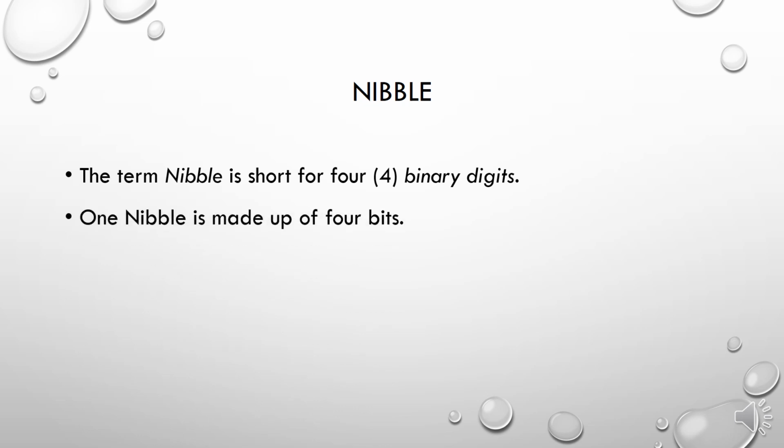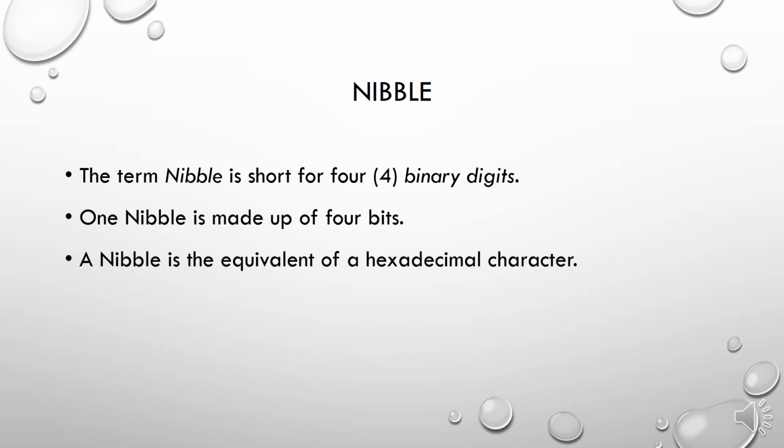One nibble is made of 4 bits, as I mentioned. If you have 4 bits, you have one nibble. A nibble is equivalent to a hexadecimal character, because hexadecimal characters are base 16 numbers. So the maximum number you have in base 16 is F, which is 15.